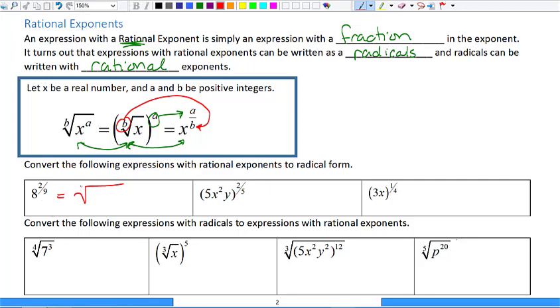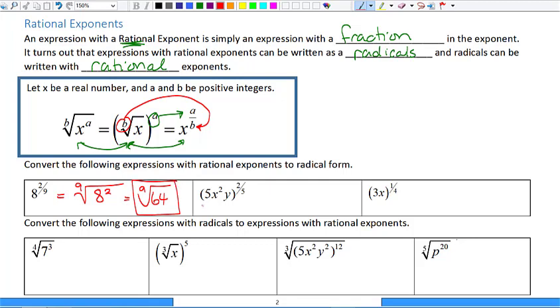The denominator 9 is going to go in the index. 8 will stay as the radicand, and then our little 2 can either go inside with the 8, or it could go out on the outside of the radical. For this purpose, we probably would like to keep it inside with the 8. Then I can reduce it slightly further because I know what 8 squared is. That is 64. This is my final answer.